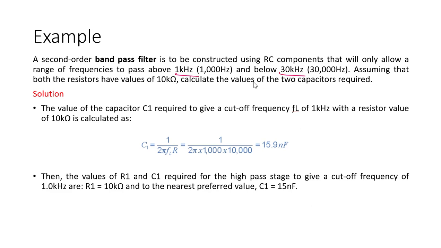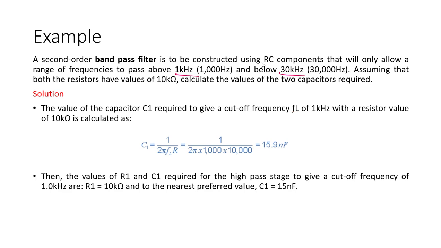So this is actually a system that is allowing some, let's say, audible range from 1k to 30k, and 20k is an elevated audible range if you just elevate it for some encryption or for better performance. Okay, assuming that both the resistances are 10k, calculate the value of capacitances.